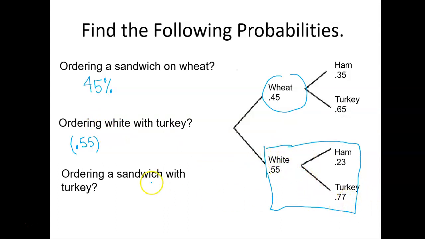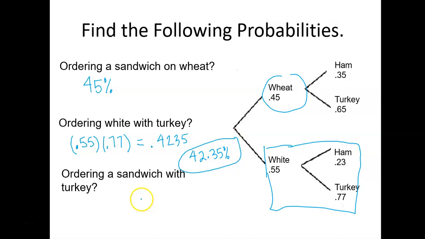Of those 55%, 77% chose turkey, which comes out to be 0.55 times 0.77 equals 0.4235, which comes out to 42.35%. So about 42% of people are choosing white bread with turkey.